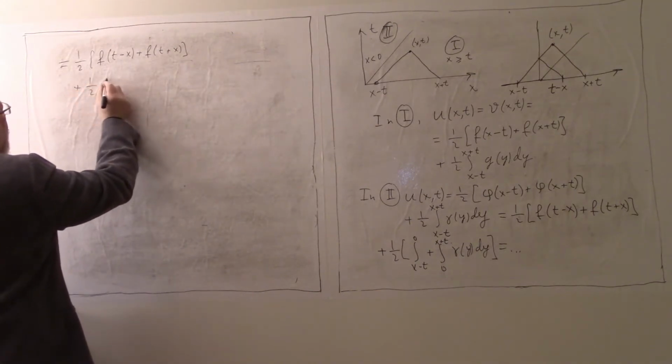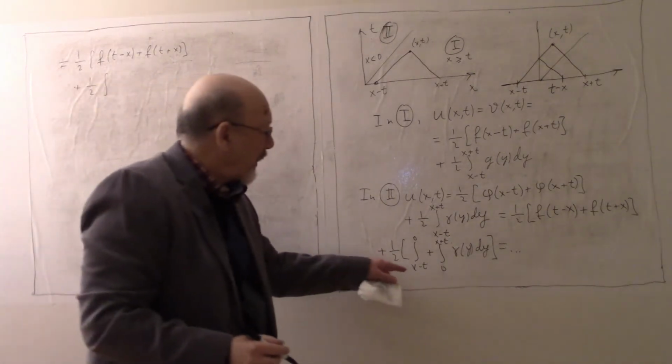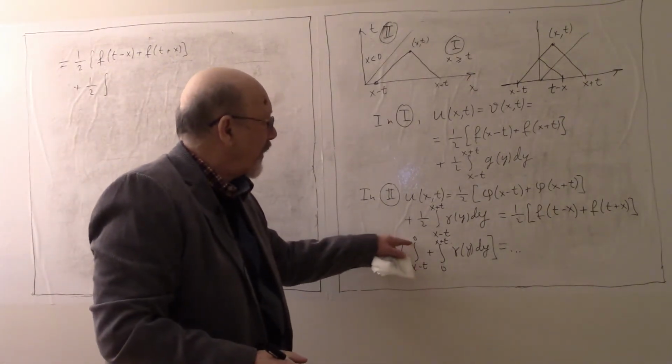Plus 1/2 integral. Here we have the integral from x minus t to 0.